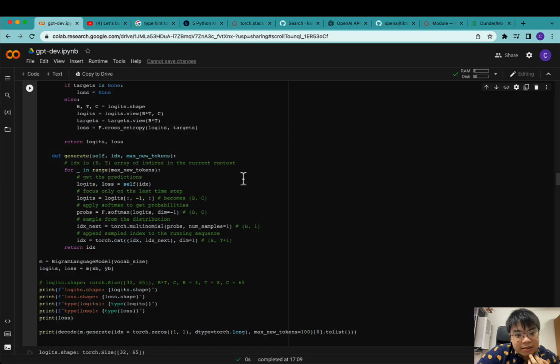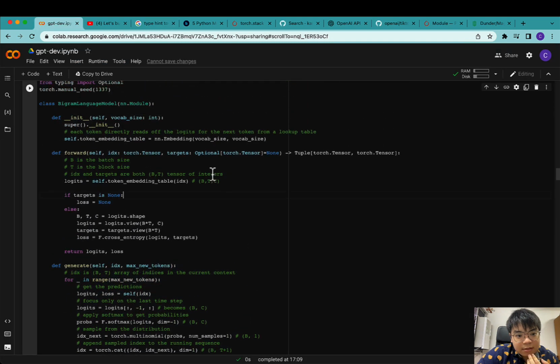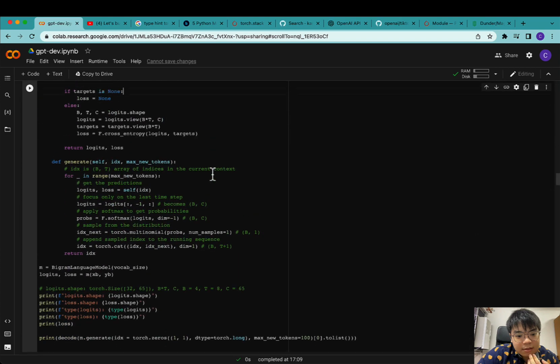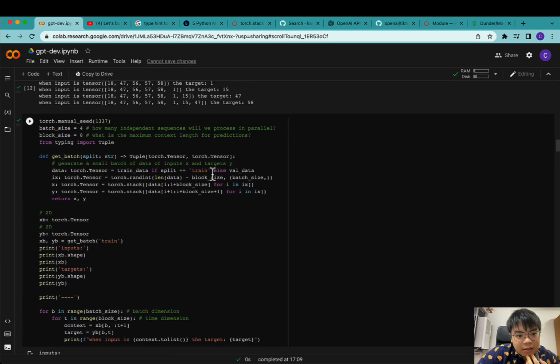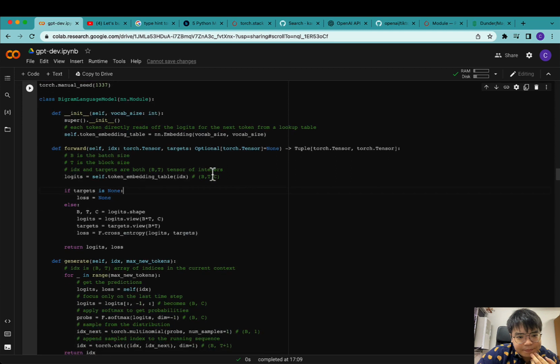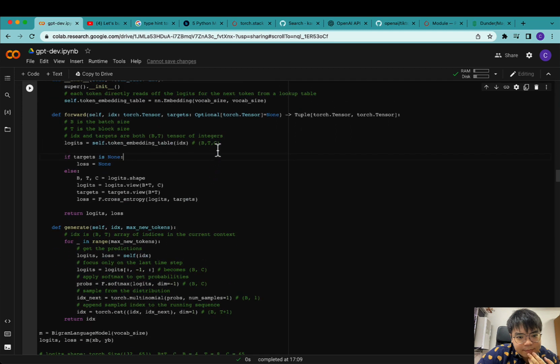Index and target are both B by T. And we pass in the index into the token embedding table, but we didn't do that for the targets.